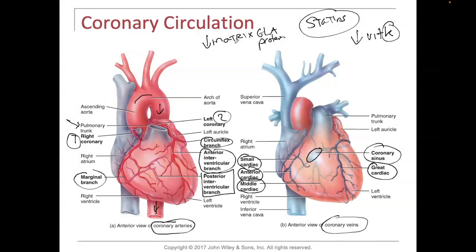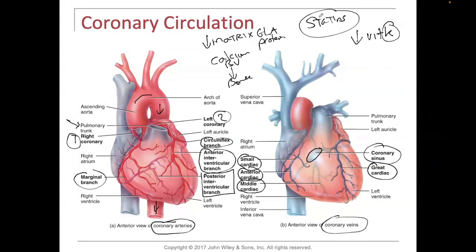And the purpose of matrix GLA protein is to take calcium that's in your blood vessels and to drive it into bone. So basically taking calcium that's in soft tissue and bringing it into hard tissue.